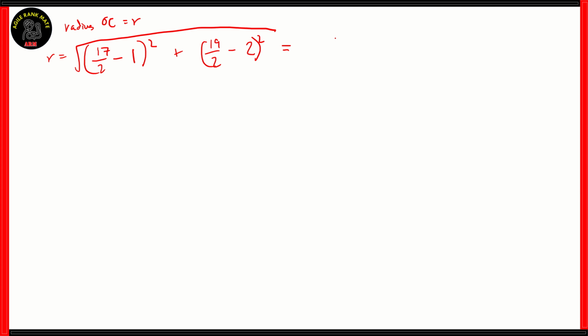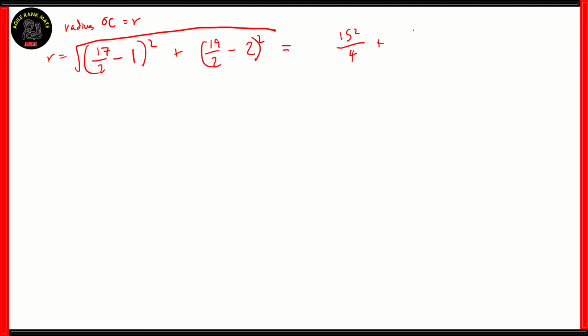We can use LCM to get 17 minus 2, that's 15 squared over 4, plus, since 2 becomes 4 when you put LCM, 19 minus 4 over 2, the whole squared.